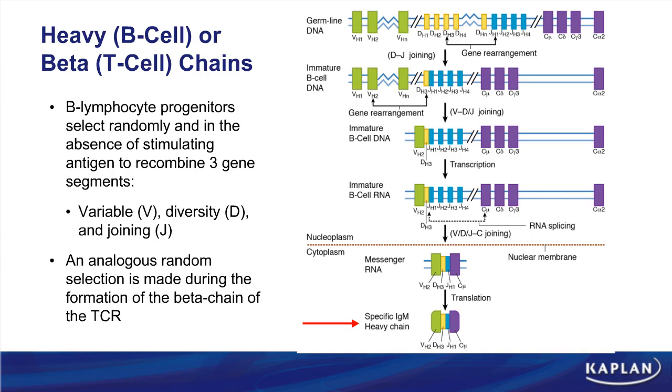Remember that we have multiple V segments, D segments, and J segments that come together to give us the variable region for the heavy chain. And remember that this process is pretty similar between B cells and T cells, and we're not going to go through it again when we talk about T cells.